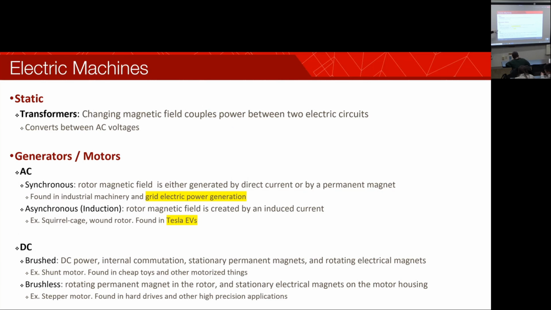We can do that with AC electricity, and there are two different types, a synchronous or an asynchronous induction motor. And then there are DC motors. DC motors are either brushed or brushless. If you recently bought a cordless power drill from Home Depot, or Lowe's, or wherever your favorite place to buy tools is, do you think that's operating off AC or DC power?